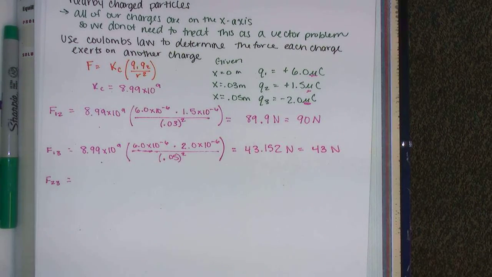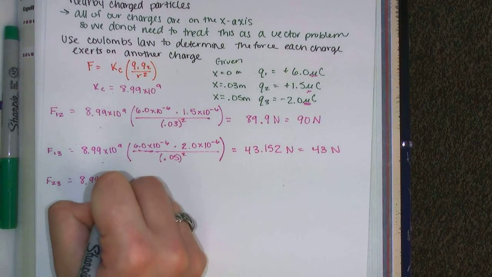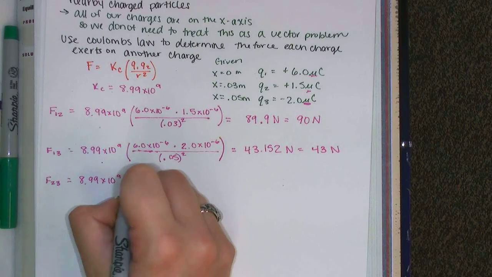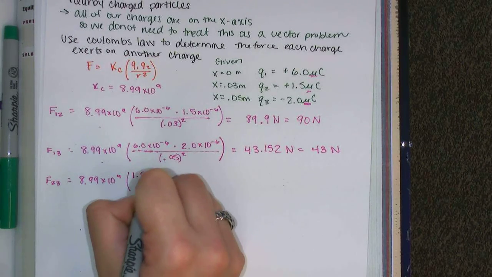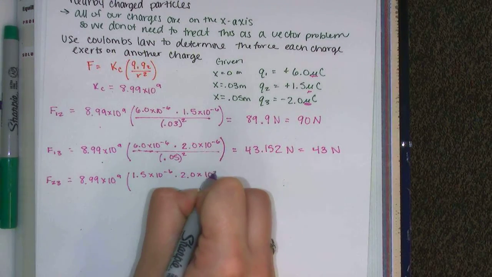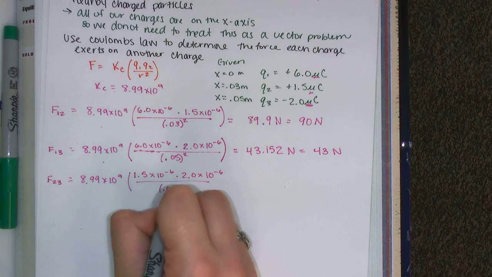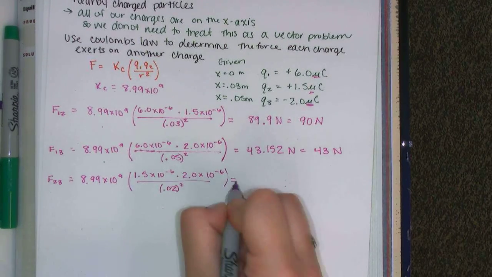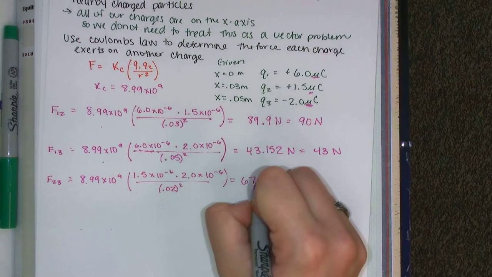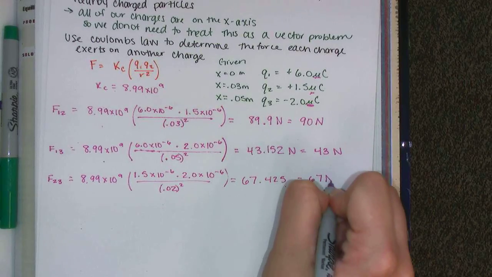And then lastly, we have F of 2, 3, which is 8.99 times 10 to the 9th times 1.5 times 10 to the negative 6 times 2.0 times 10 to the negative 6 all over 0.02 squared. 67.425 is equal to 67 newtons.